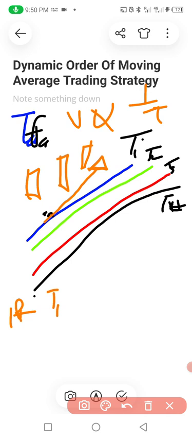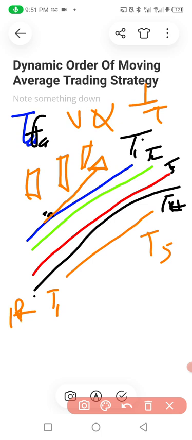Okay, so we can put down T5, also the slowest. So you can see the order of these moving averages. The order is increasing.